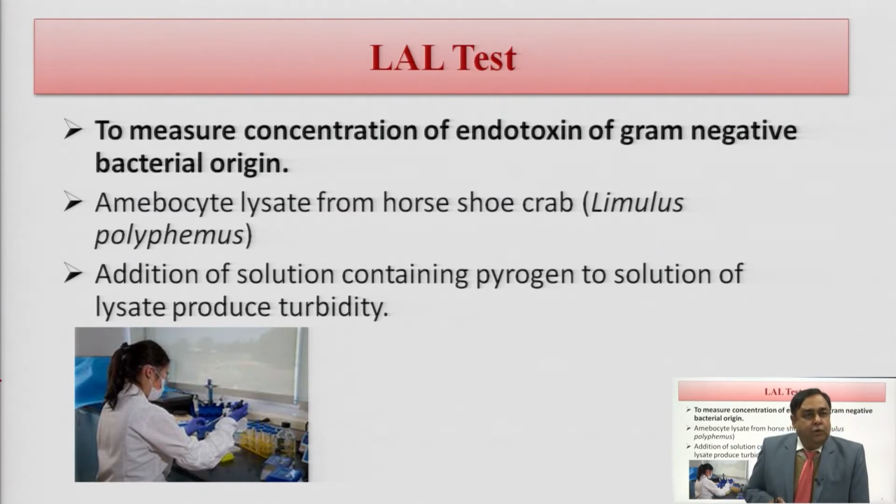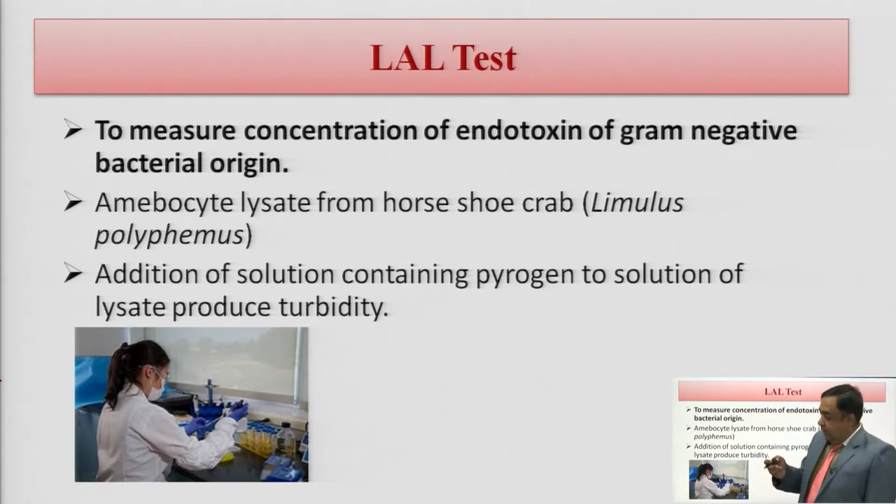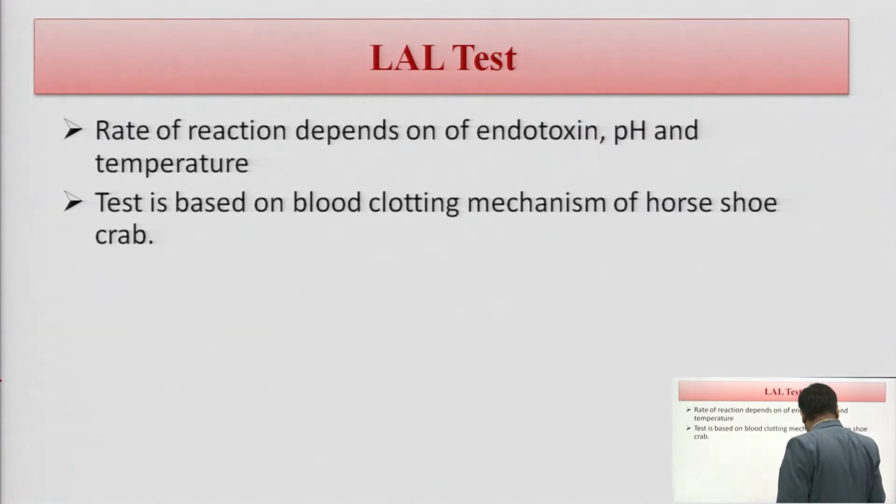So, addition of a solution containing pyrogen, which is our test substance, to a solution of the lysate of amoebocyte produces turbidity, and if it produces turbidity, it means there is a presence of pyrogen. Now, the rate of this reaction depends on the amount of endotoxin present in the preparation.